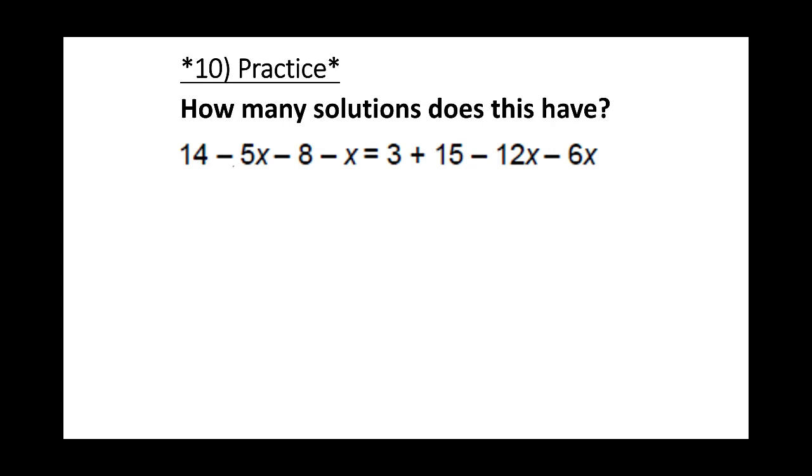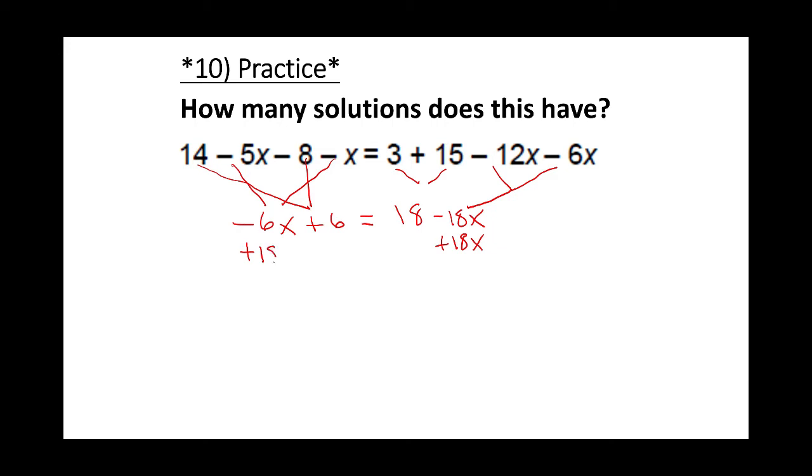All right, welcome back. So if I put these together, this is negative 6x. If I put those ones together, that's plus 6 equals. And then if I put these together, that's 18. If I put these ones together, that means negative 18x. So then I'm going to move my variable to the left.